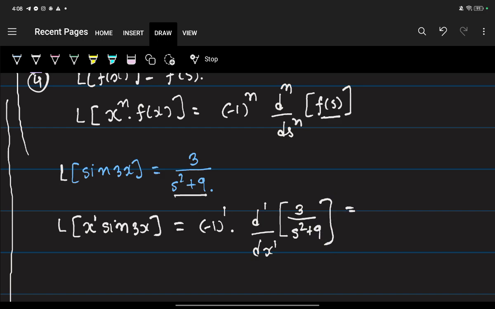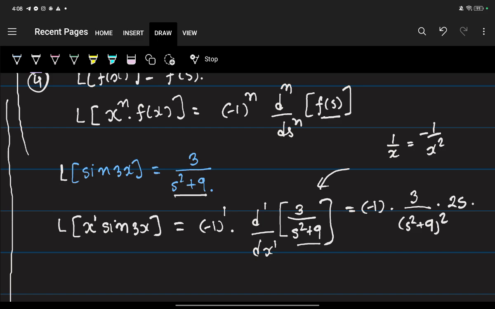Here you can treat this thing as 1 by x, and we know that the differentiation of 1 by x is minus 1 by x square. So it will be minus 1 multiplied by 3 by (s square plus 9) whole square multiplied by the differentiation of s square plus 9, that is 2s. So that will be our answer.